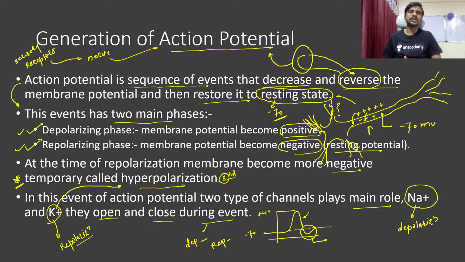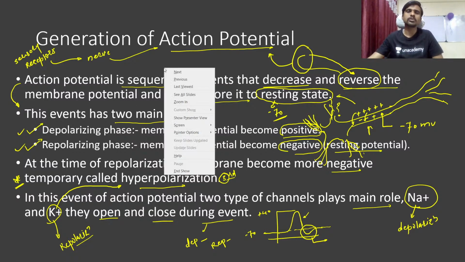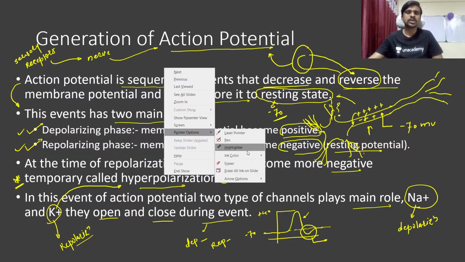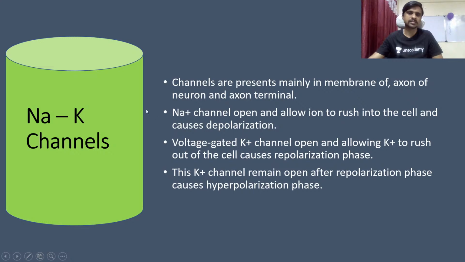That more negative potential is called hyperpolarization. आणि जेवढ्या वेळासाठी ते राहतं तेवढ्या वेळाला आपण म्हणतो रिफ्रॅक्टरी पिरियड. ठीक आहे, चला नेक्स्ट स्लाइड वरती तुम्हाला आणखी जास्त क्लिअर होणार आहे.